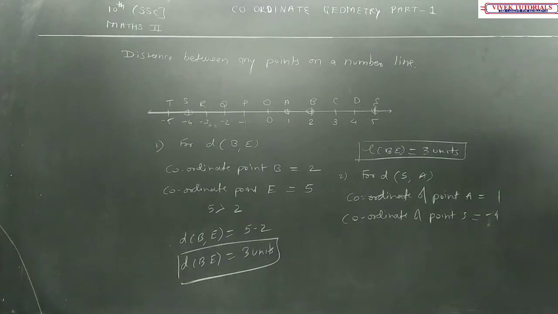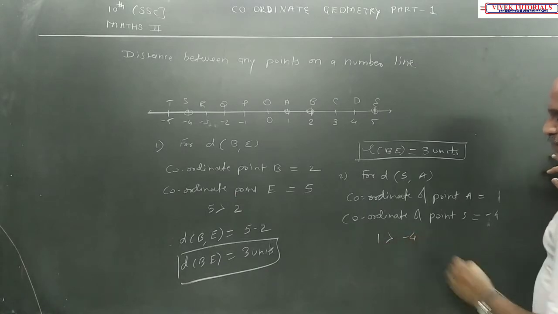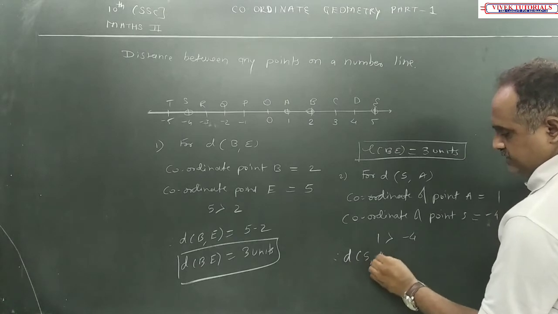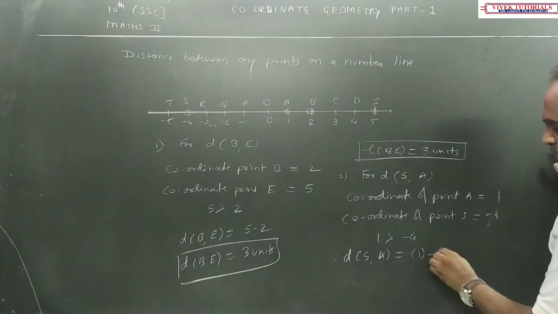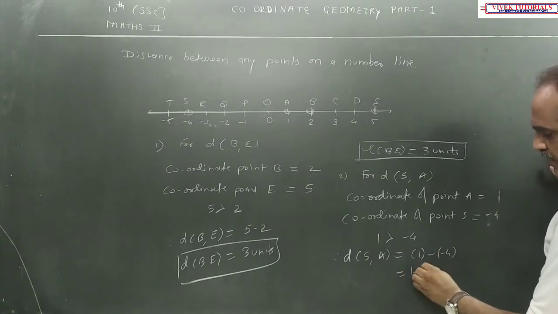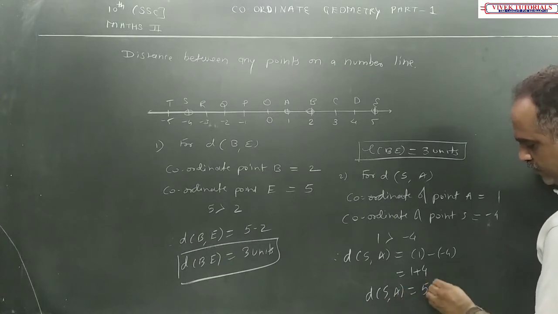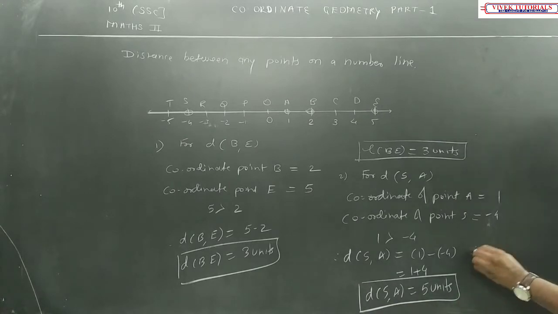Now if you compare these two, then 1 is greater than minus 4. Therefore, distance between point S and A is equal to 1 minus minus 4, 1 plus 4. Distance SA is equal to 5 units. That we are going to put in the box, or length of segment SA is equal to 5 units.